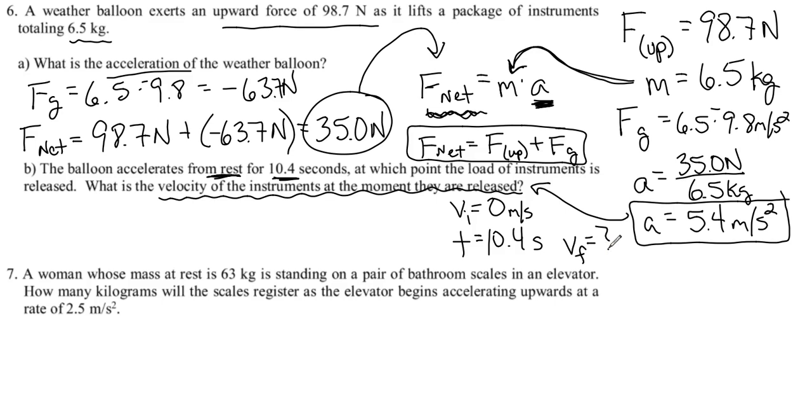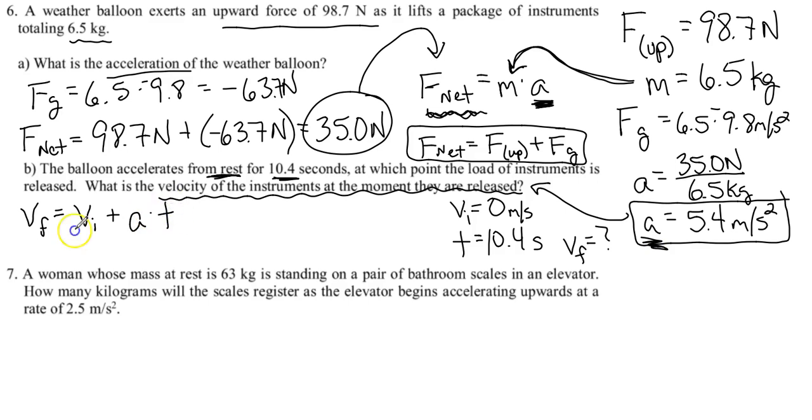My equation for the final velocity is equal to the initial velocity plus acceleration, the acceleration that I found there, times our time.